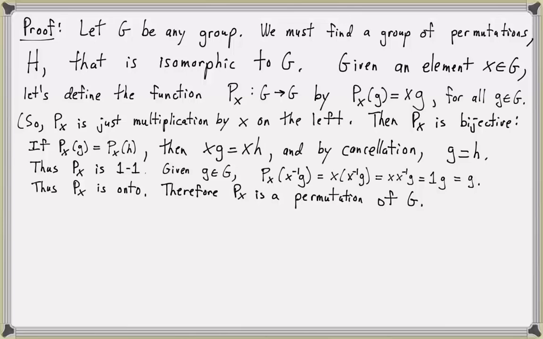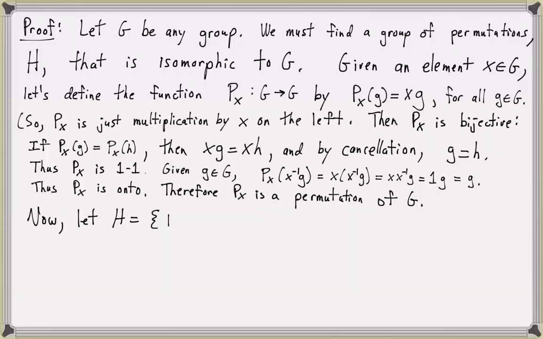So for any element x in G, we can define this permutation p sub x, and we're going to define our group H now that is isomorphic to G. So now let H be the set of all of these permutations p sub x.